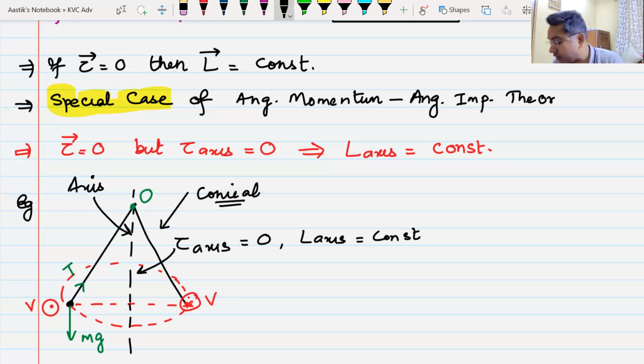Yes, sir. Okay. Now, there would be a lot of questions where you will have to find out, not decide. You are not going to decide it. You have to find out whether angular momentum is conserved, whether linear momentum is conserved, what is conserved and what is not conserved.